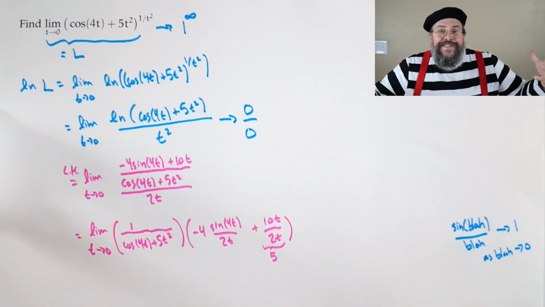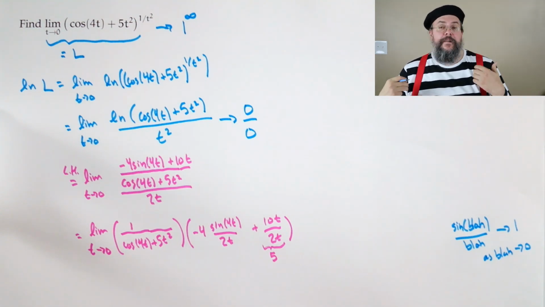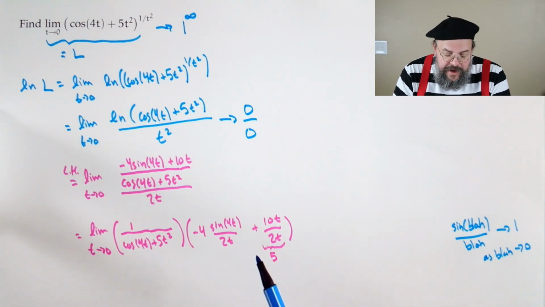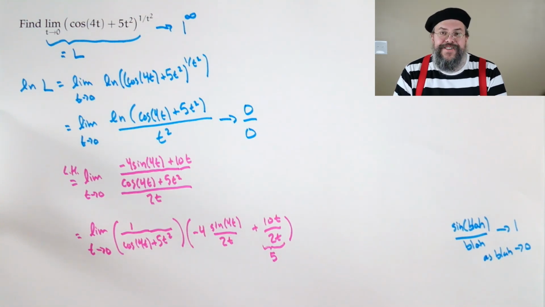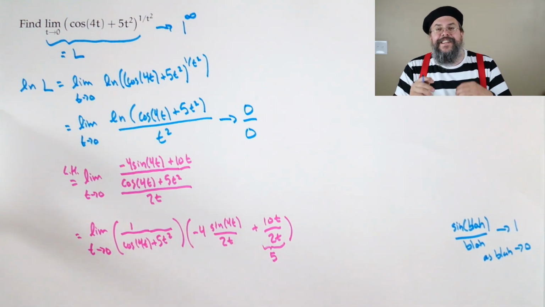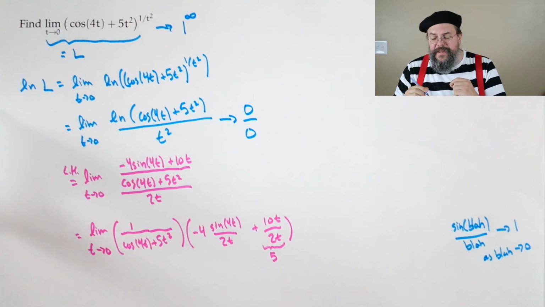So I'm just saying blah is a stand-in for something. It doesn't have to be sine theta over theta or sine x over x. It can be sine of something. So I look at this and say, it's so close. You see, it's 4t on the inside, but there's a 2t. They're not quite the same, but they're not so far off. So how do we do it?